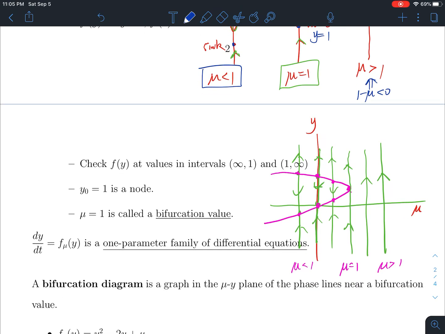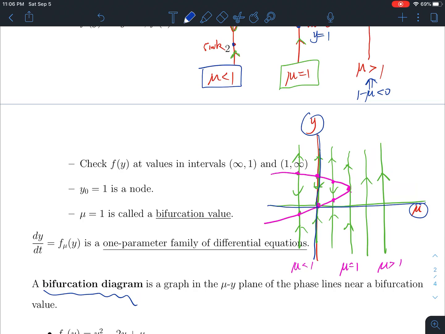First we're going to see this graph, which is the bifurcation diagram. On a bifurcation diagram, we construct coordinates where the horizontal axis is the parameter mu, and the vertical axis is y.